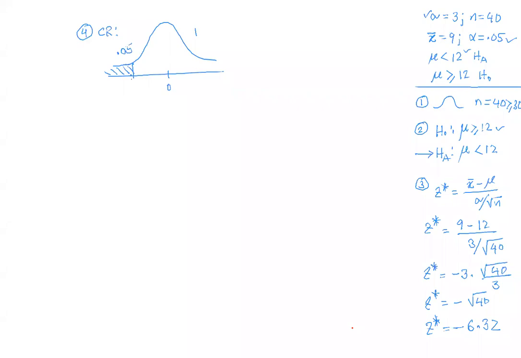Associated with 0.05, your z-score is going to be negative 1.645. So your critical region is everything to the left of this, from negative infinity to negative 1.645. And step number 5 is conclusion.